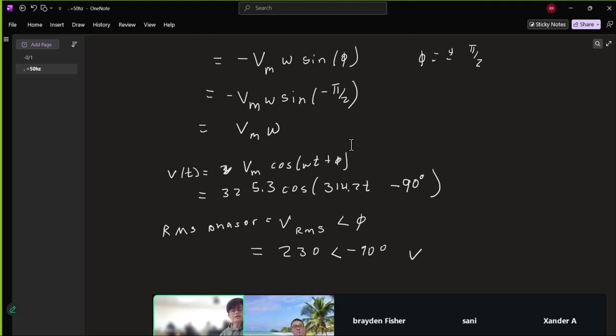And don't forget your units. I often forget units when I write an equation. It's like I don't forget them when I have a single number. When it's an equation, I just forget it, but they're still there. So that part's important.